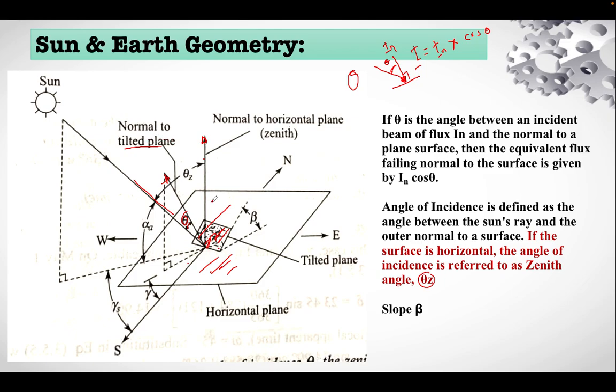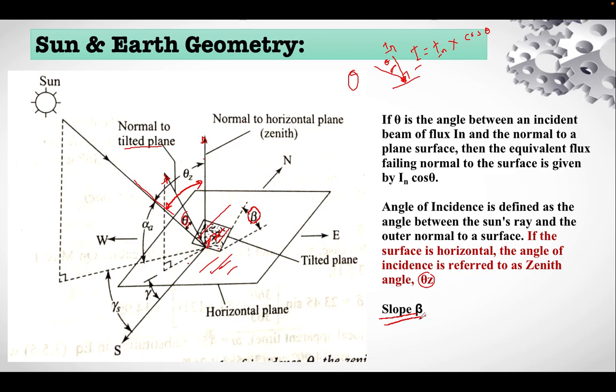The normal to the tilted plane is different from the normal to the horizontal plane. The angle between the solar radiation and the normal to the horizontal plane is the zenith angle, denoted by theta z. Now, the tilted plane makes some angle with the horizontal plane, and that angle is known as beta, sometimes called the slope of the surface.